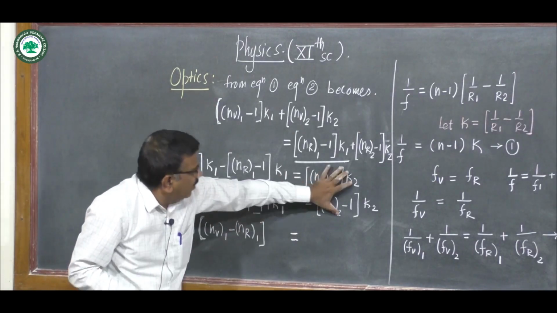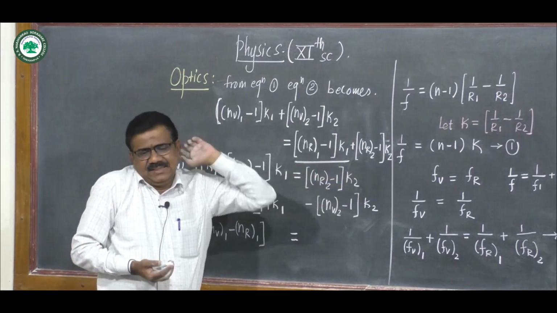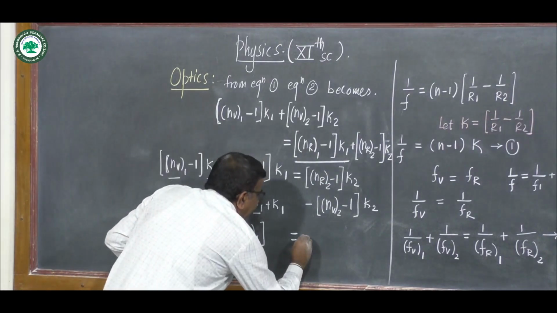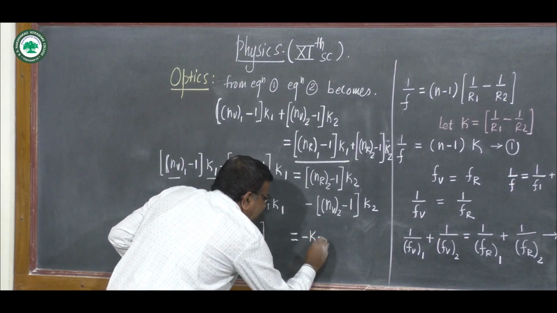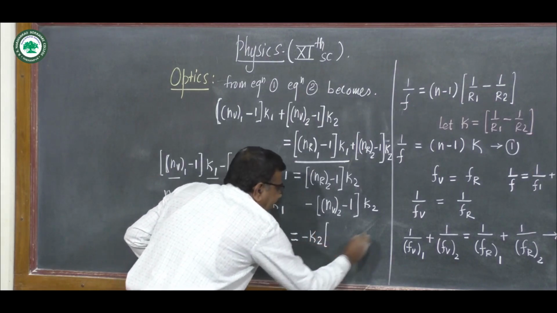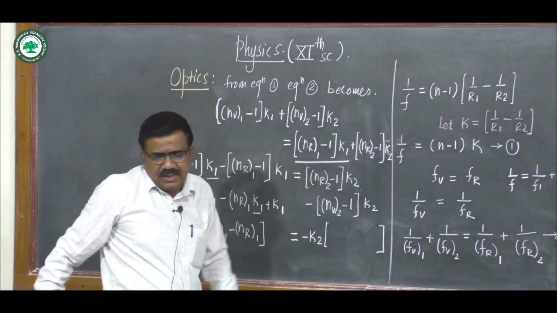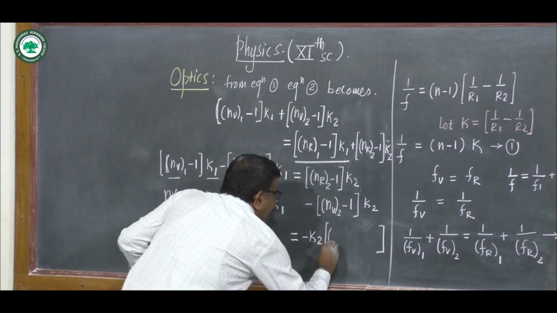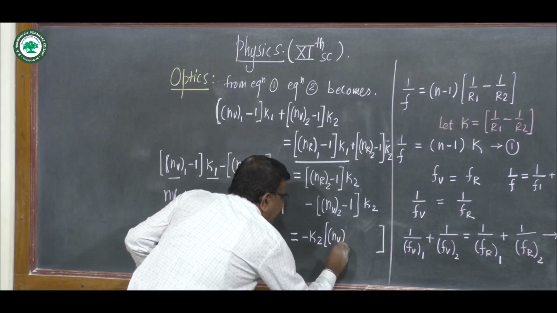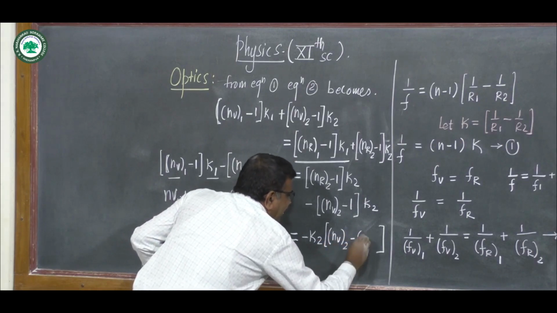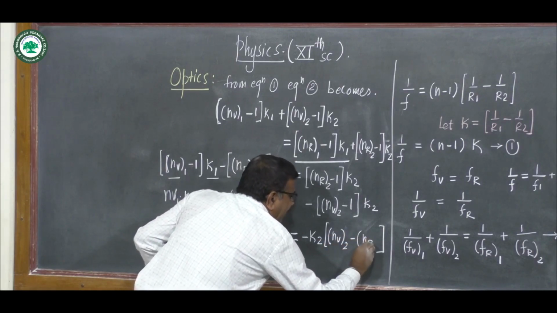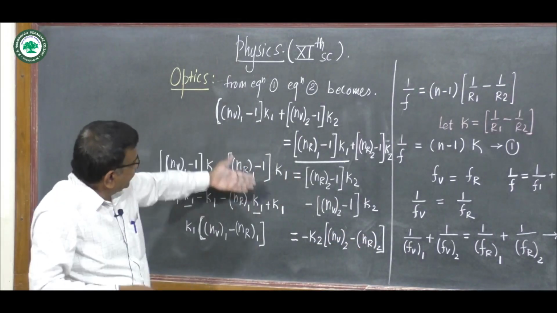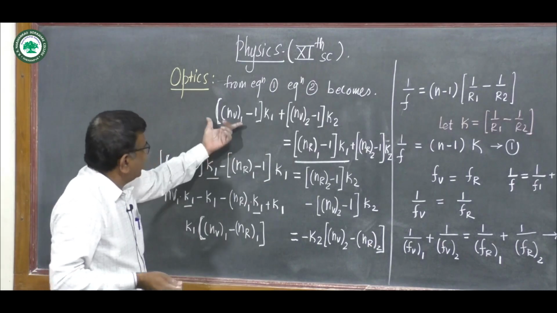Similarly here by solving this part we get minus K2 inside the bracket (nV2 minus nR2). Simply multiply inside the bracket, rearrange the terms like this.